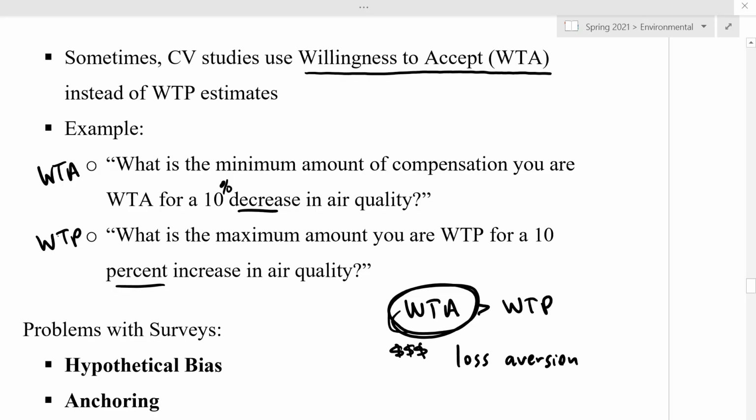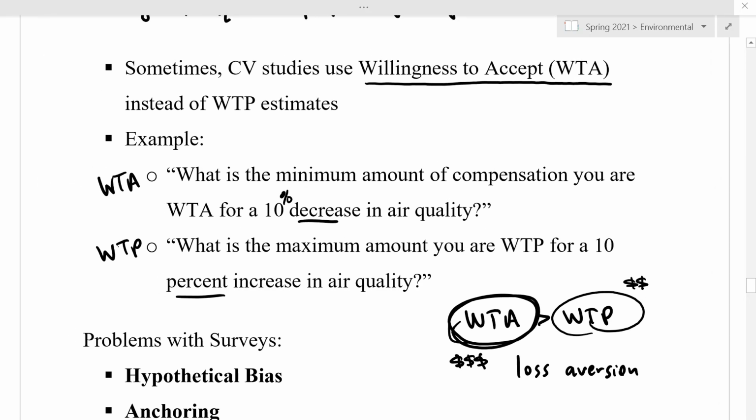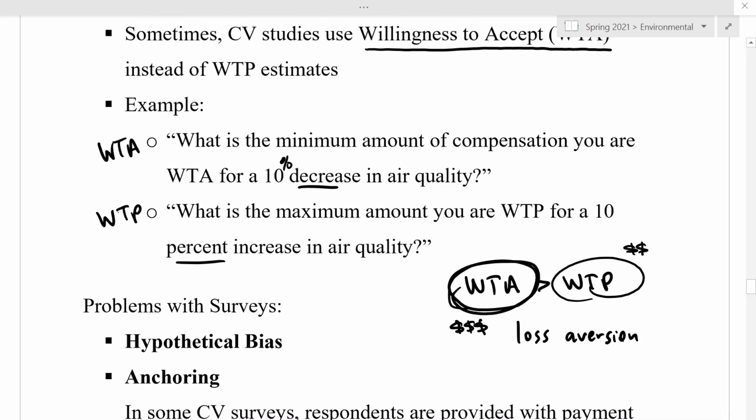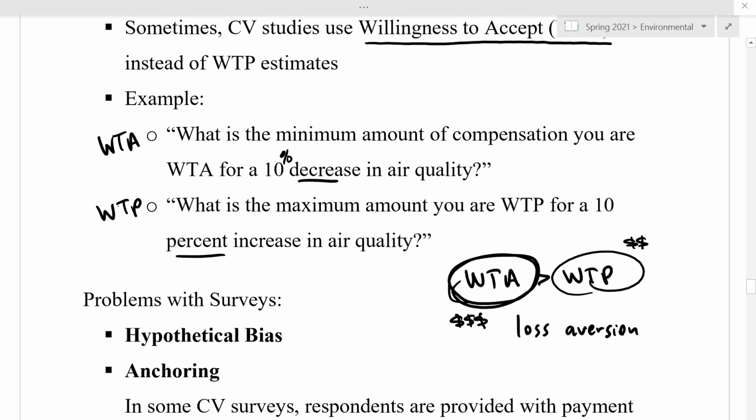They seem very similar, but generally speaking, across multiple studies, willingness to pay estimates are less than willingness to accept. As we're going to see with these other problems in surveys, it starts to become very psychological.